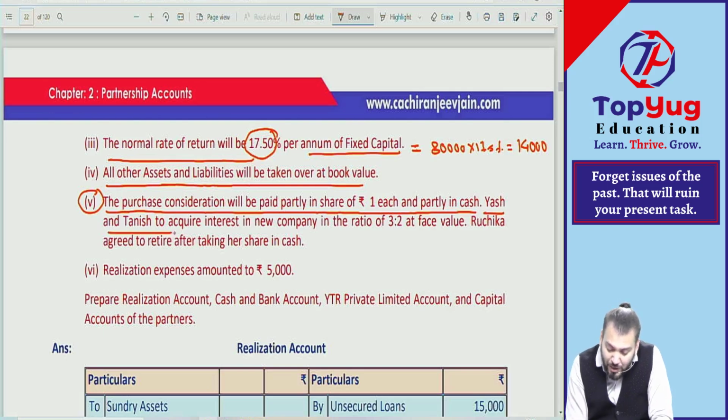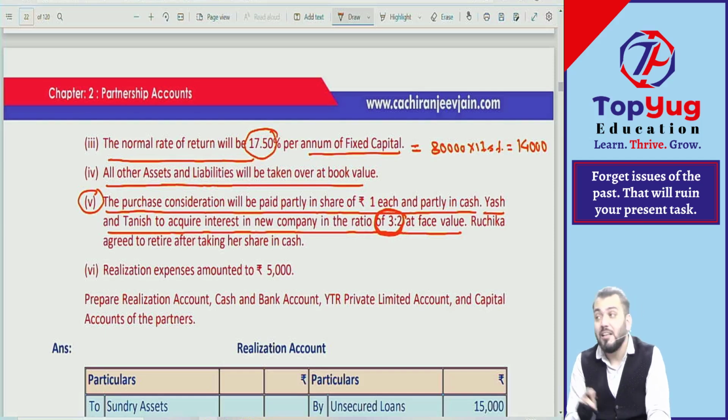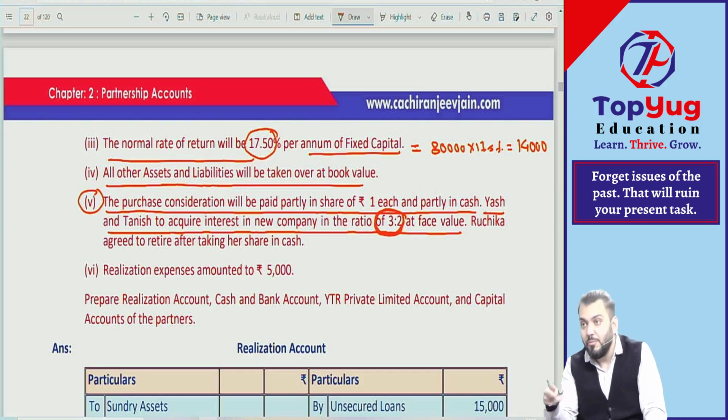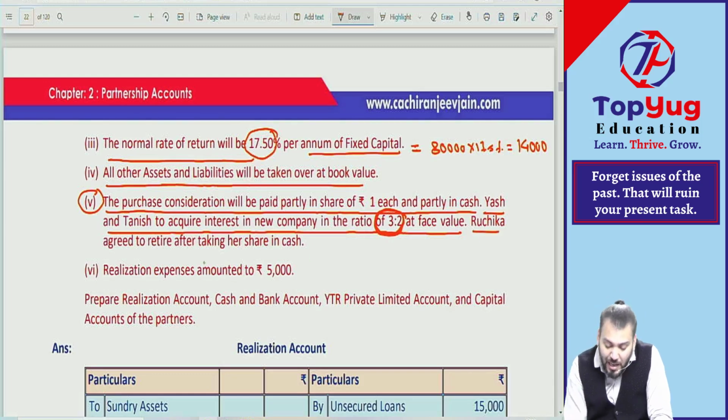Yes and Tanish to acquire interest in the new company in the ratio of 3 is to 2 of face value. So it means they will be entitled to capital in which ratio? 3 is to 2. Means Yes and Tanish will become equity shareholders.